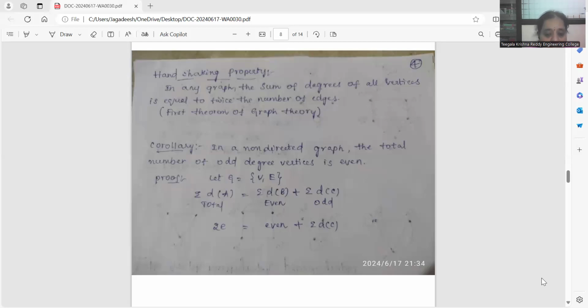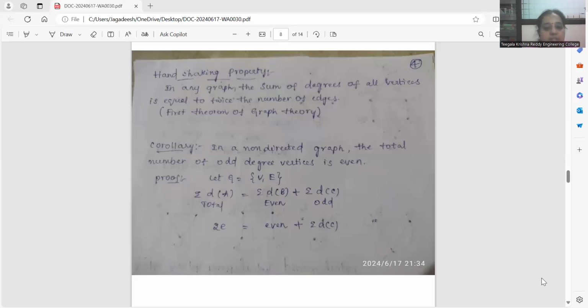But for a directed graph, we particularly take in degree and out degree. Here they are representing the degree of all vertices, in total. So the total degree of all vertices is the combination of even degree vertices and odd degree vertices.